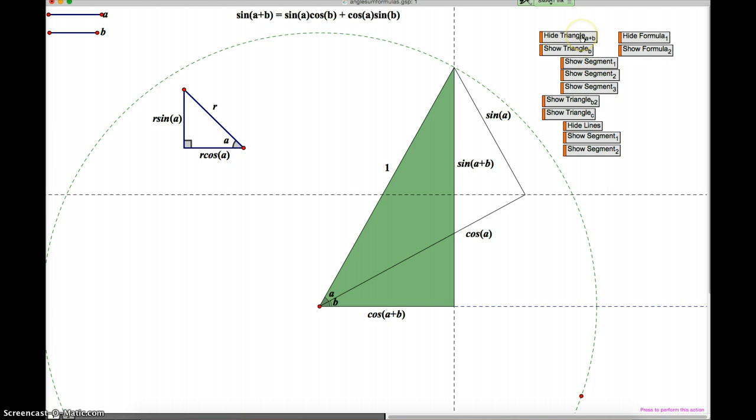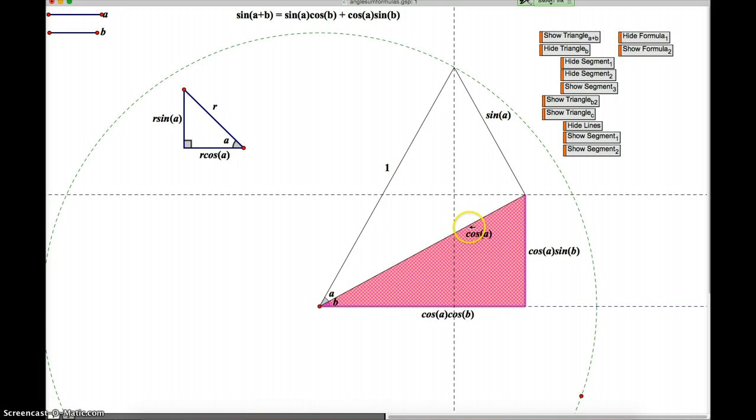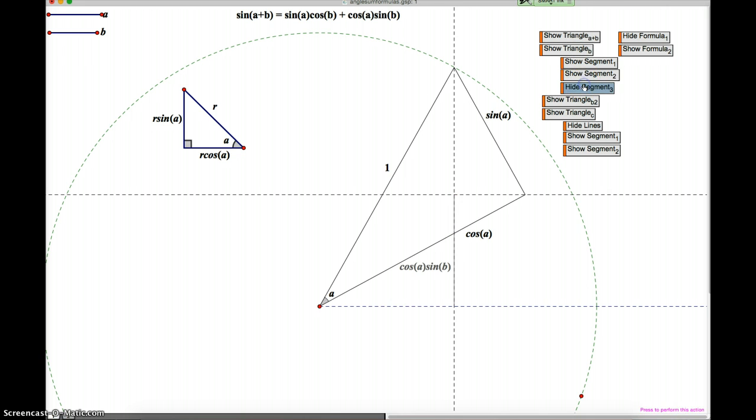If we pull back up some of the relationships that we mentioned earlier, in this first triangle we want to put our focus on the base of this triangle, which is just the cosine of the angle B times its radius, which is the cosine of A. We're going to keep that segment in there. If we know what this segment is, we can just subtract from it, and that'll give us the base of our gold triangle, which is the cosine of A plus B.